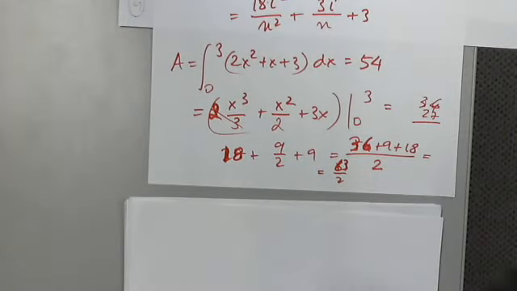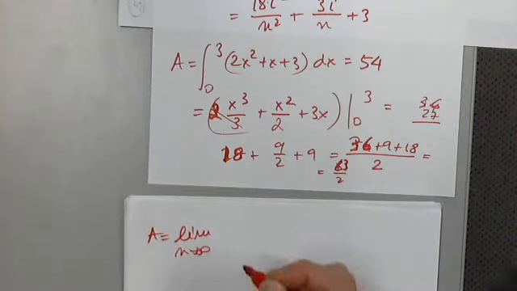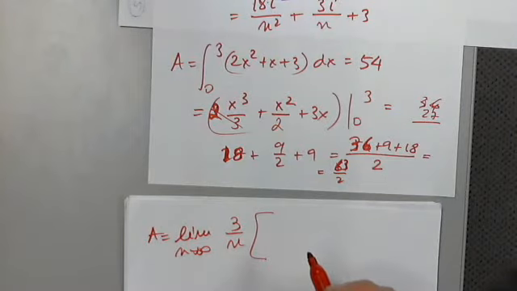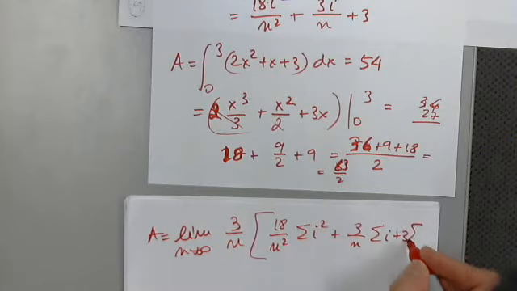Okay, so now the area with the limit of the Riemann sum, limit as n approaches infinity, I put in front 3 over n, and now I have 18 over n squared times the sum of i squared plus 3 over n the sum of i plus 3 the sum of 1.